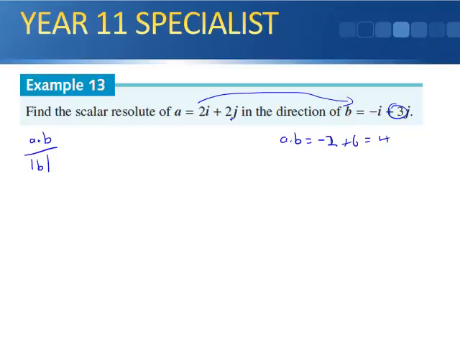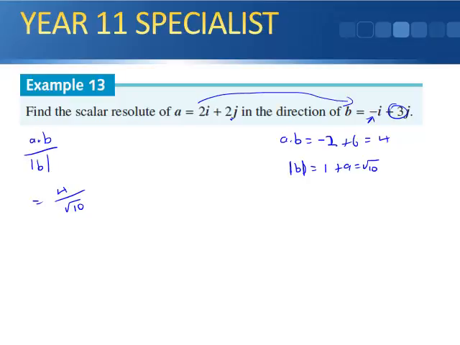So I get 4. And the magnitude of B is the square root of B times B, remember, negative 1 times negative 1 is 1, 3 times 3 is 9, so I've got the square root of 10. So if I come over here, I will get 4 divided by the square root of 10.